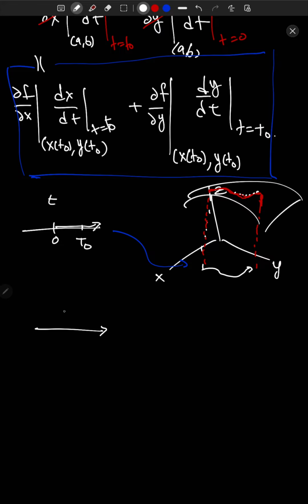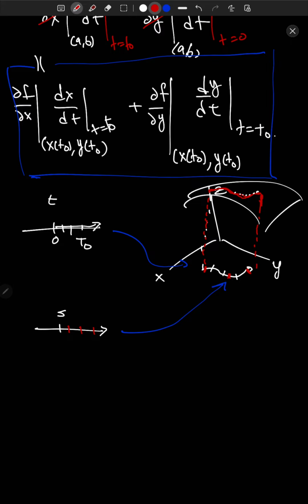Let me use s as the variable instead, for the same curve. So perhaps, for example, t moves like this, and then s maybe goes faster, like this, but the notches here are farther apart. So s is moving faster.